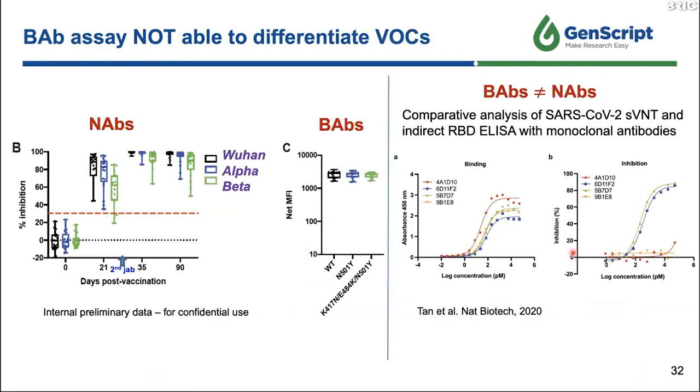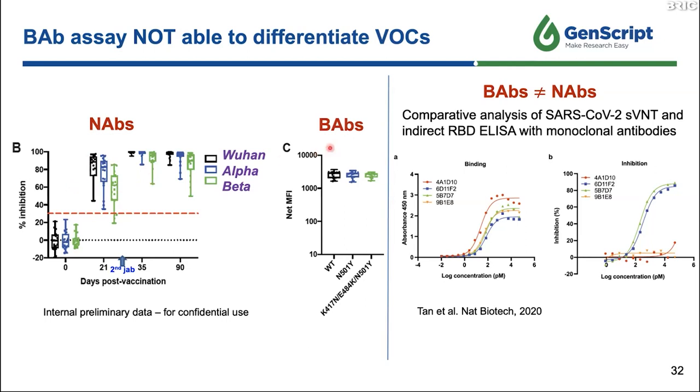So next, many people are interested to know whether the binding antibody assays are able to differentiate the different variants. Here, this is a comparative study that compares the SVNT assay and the binding antibody assay on their ability to differentiate between the Wuhan original wild type and also the alpha and beta. As shown in this graph here, we were able to show the differentiation for the different variants using the SVNT assay.